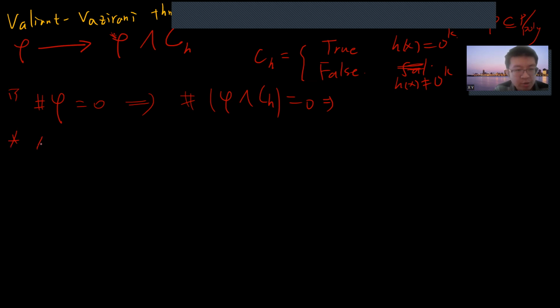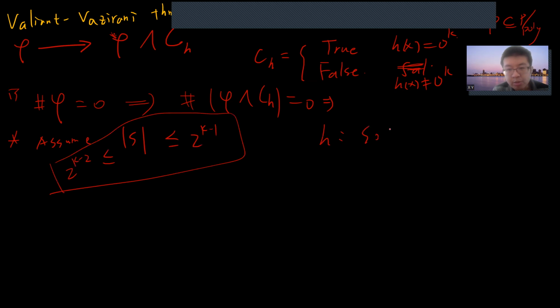Here I first assume that the number of solutions S is less than or equal to 2^(k-1) and greater than or equal to 2^(k-2), and I choose h to map from {0,1}^n to {0,1}^k. The reason will come true, very easy.